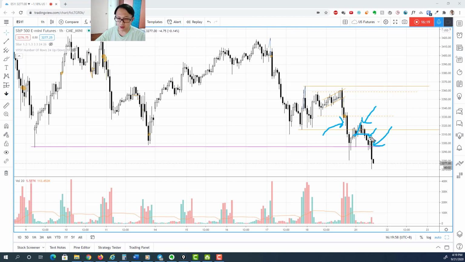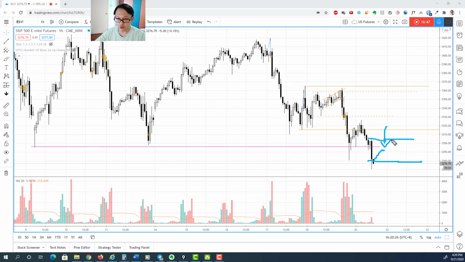Now I'm just looking for a weak rally up to probably test this supply bar here, somewhere around 3280 to 3300 level. I would initiate a short position if we have some rejection when we test this area from 3280 to 3300.